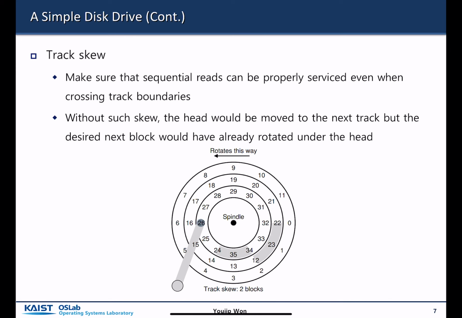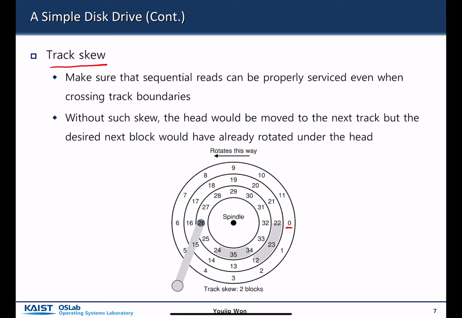Now let me explain the concept of track skew. Track skew is an angle between adjacent tracks where the starting sector of each track differs. For example, here in the outermost track, track 0, sector 0, which is the starting sector of the outermost track, starts here.